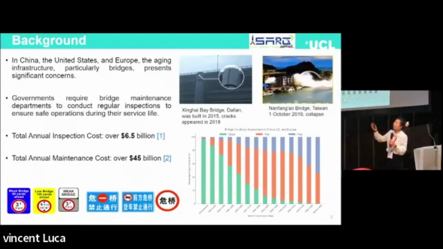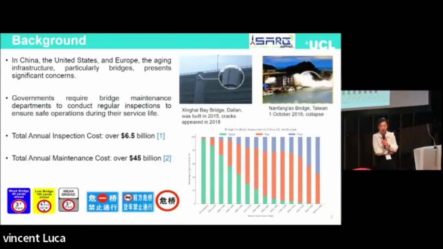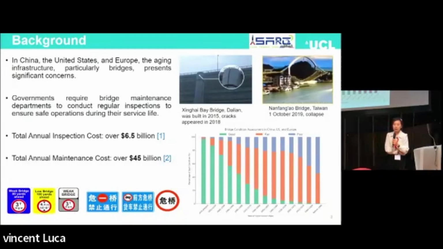We did research and found that in the last 5 years, the total annual inspection cost is over $4.5 billion every year, and the maintenance cost is over $45 billion. So it's a huge demand for us to focus on inspection and maintenance.